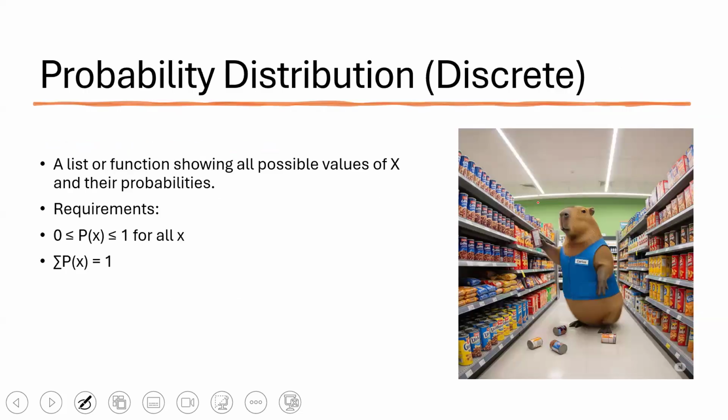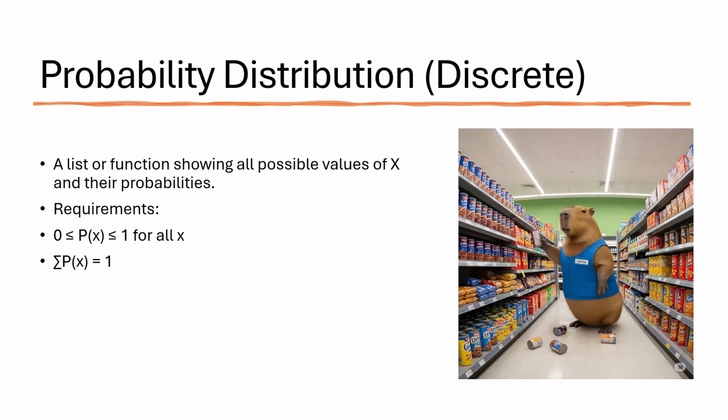A probability distribution tells us all the possible values of a discrete random variable and the probability associated with each one. Think of it as a full list of what could happen and how likely each outcome is. 2 rules must be met. First, each probability must be between 0 and 1.